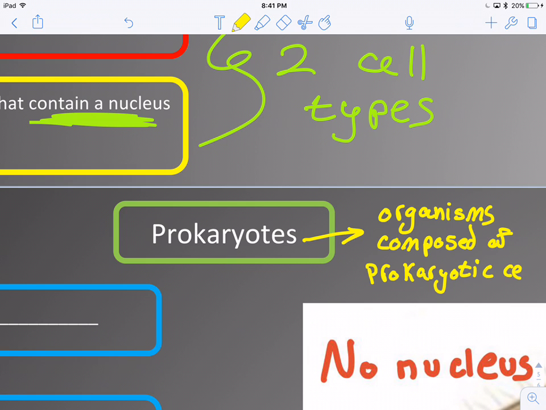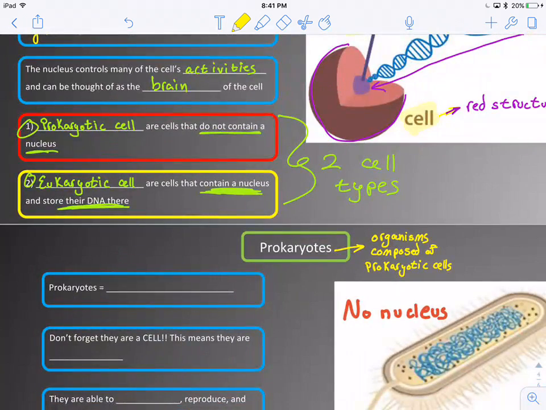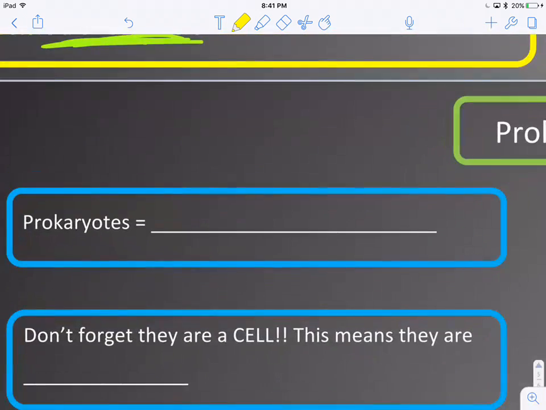So anything that's called a prokaryote is an organism composed of a prokaryotic cell. Generally speaking, prokaryotes equal bacteria.